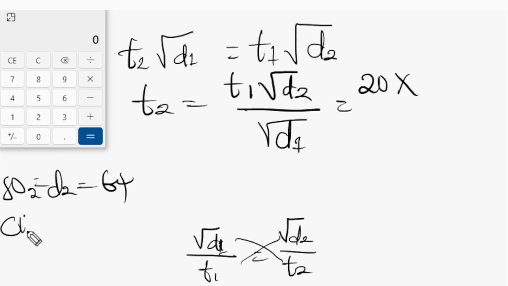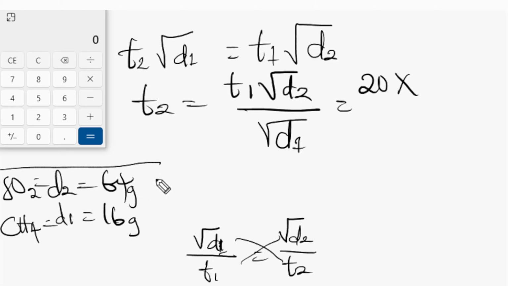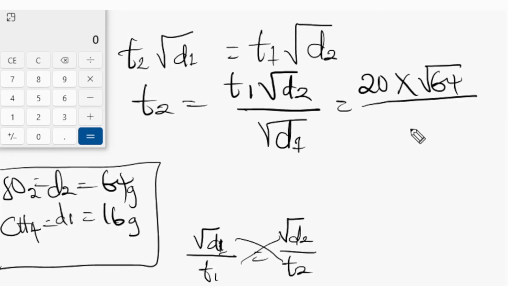And then for methane, which is D1, we actually got 16 grams. So let's not forget this. So we're going to use them here. So root D2, which is root 64, over root D1, that's root 16.